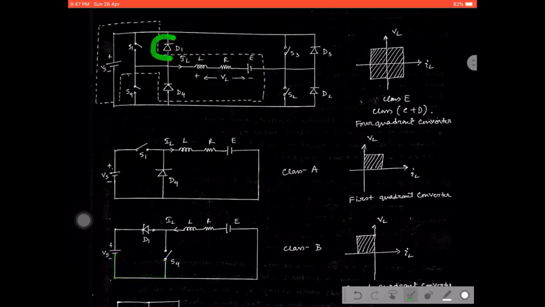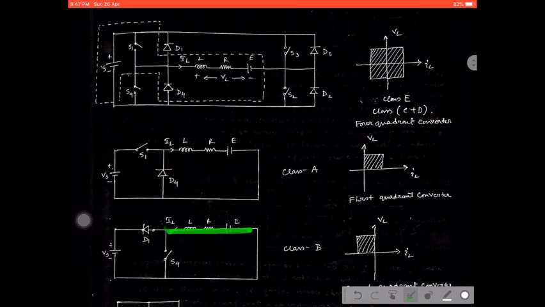And D1 is connected directly to the positive terminal of the supply source, right? And on the other hand, this S4 junction and D4 junction, these two are connected directly to the load.